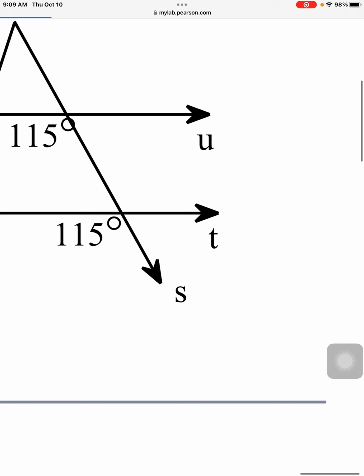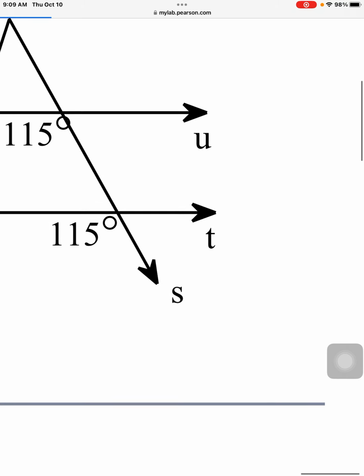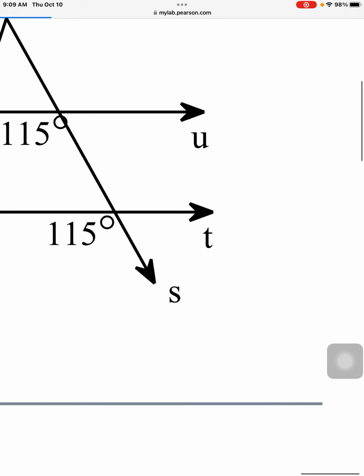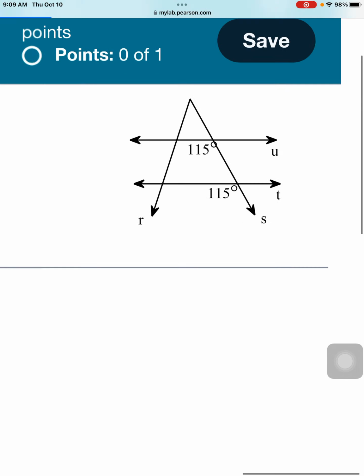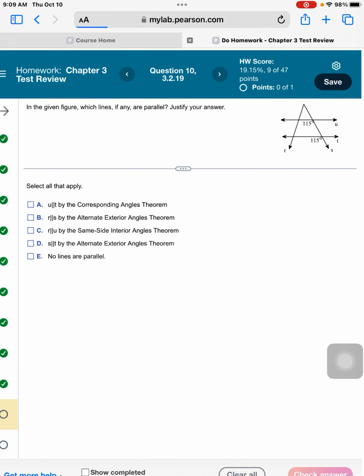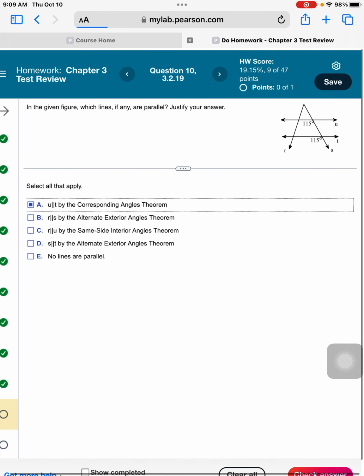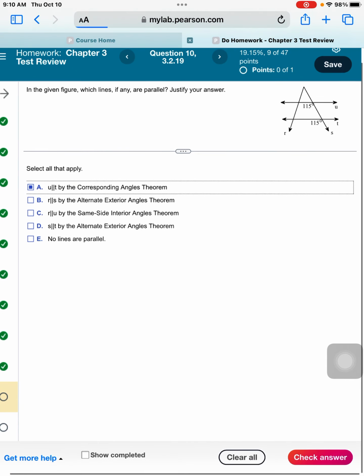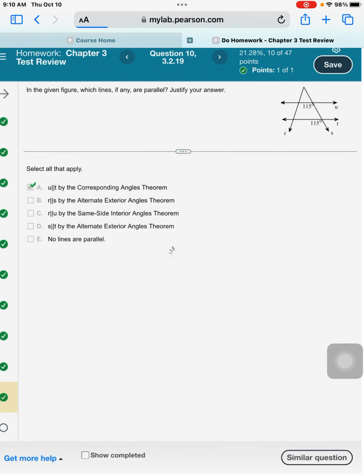Not only that, they're congruent corresponding angles, which means that the lines that are being transversed by that ray S have to be parallel. So U and T must be parallel. So let's see if we have that as an option. Right here, U and T, by the corresponding angles theorem. Cool.